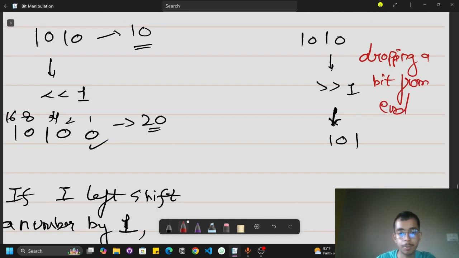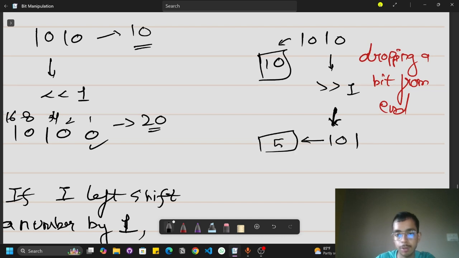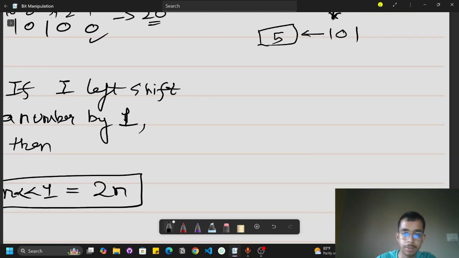So if you drop a bit from the end, what will it become? This was 10. What is this? This is 5. So the number actually halved here. And that's the property.